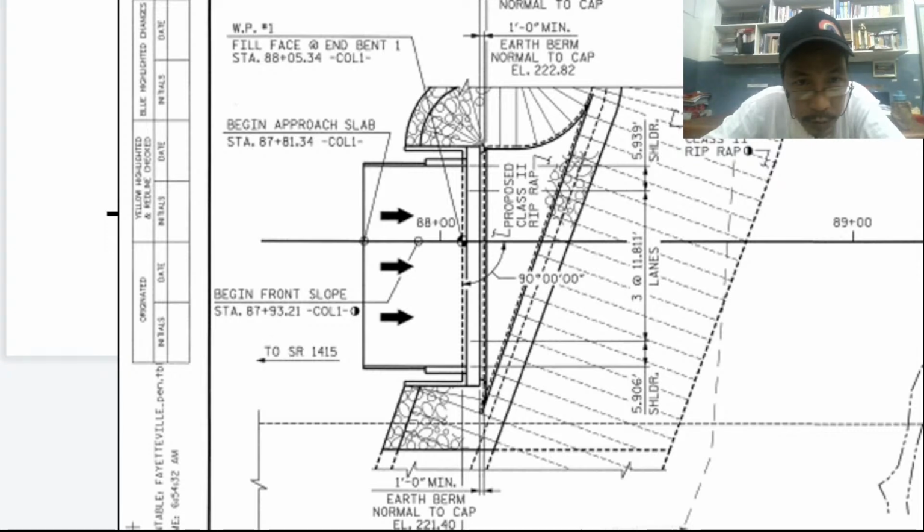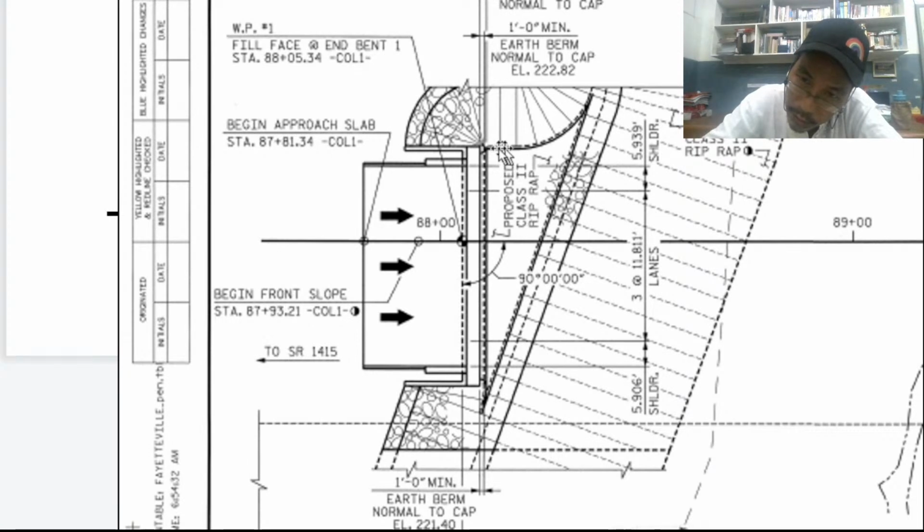So earth berm, normal to cap, again the same as we just explained at the elevation view. So we have this portion. Where is the riprap?